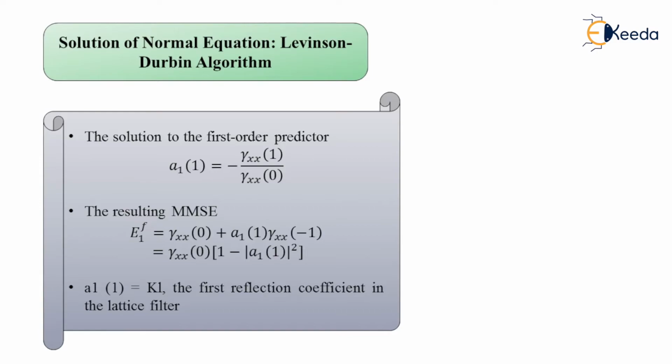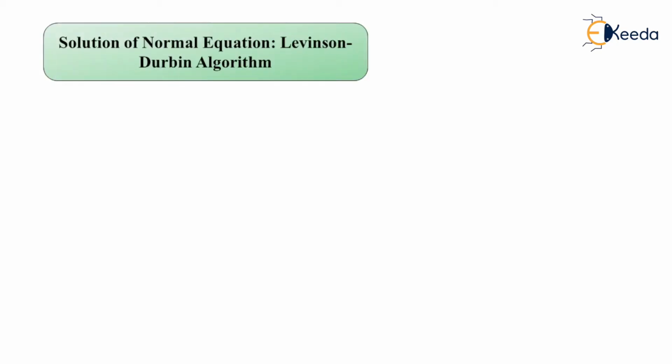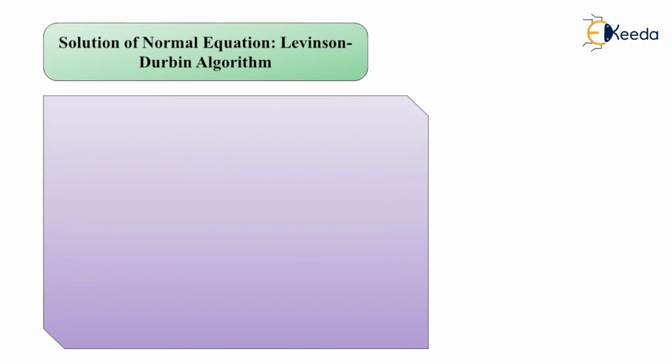After this we have the next step. The next step is to find the solution for the coefficients of higher order, like a2 of 1 and a2 of 2, that is for the second order predictor, and to express the solution in terms of the earlier a1 of 1. So here we have the two equations obtained.